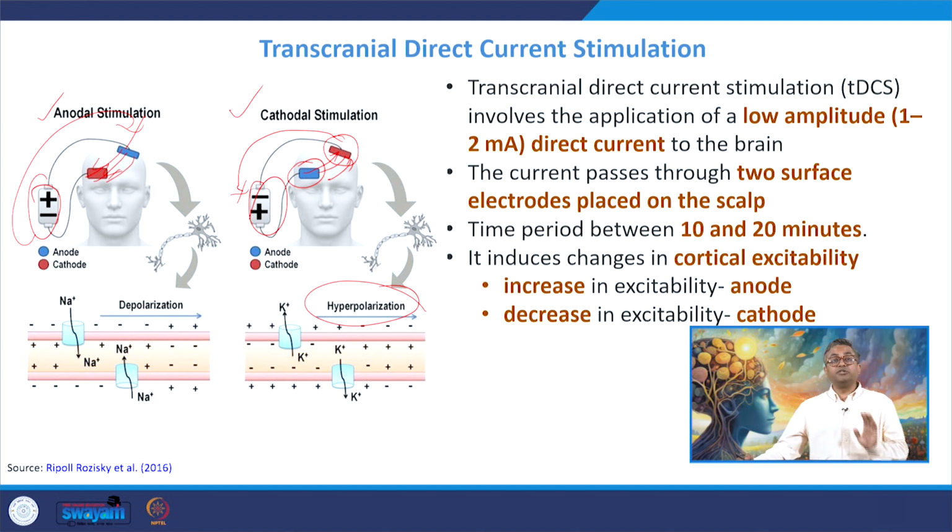So here anodal stimulation seems to augment or enhance the learning effect. Cathodal, in contrast, is reducing the learning effect. So when you want to learn more, you have to do anodal stimulation. When you have to reduce the learning, interfere with the learning process, then you do the cathodal stimulation.